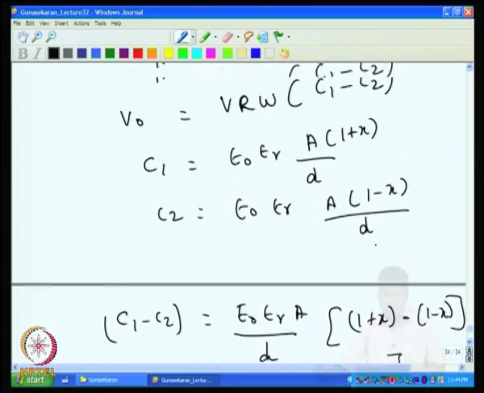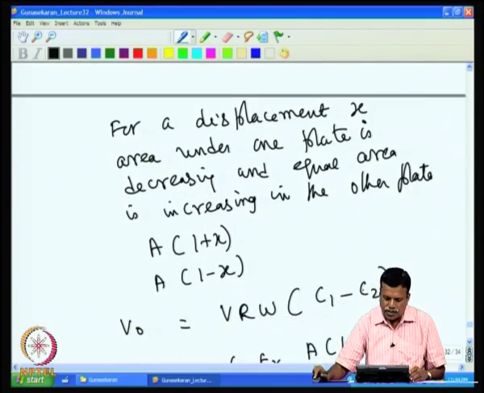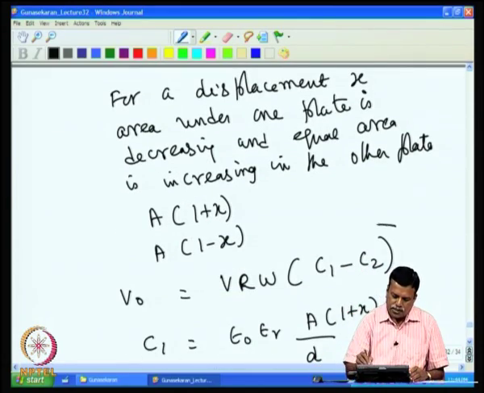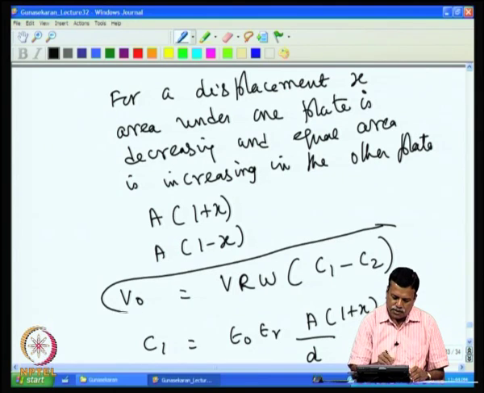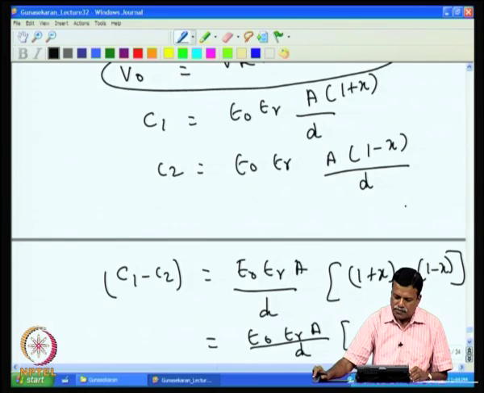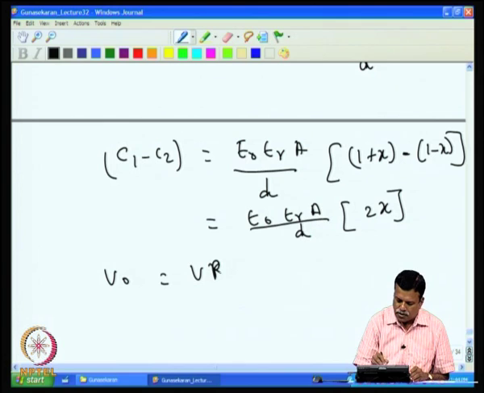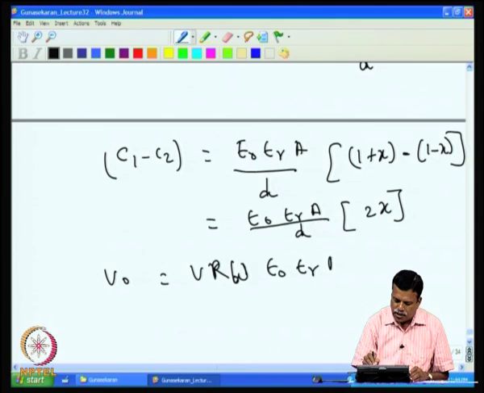Now, if I put this in our equation for the output voltage V naught, then V naught will come as V R omega into epsilon naught epsilon r A by D into 2x.